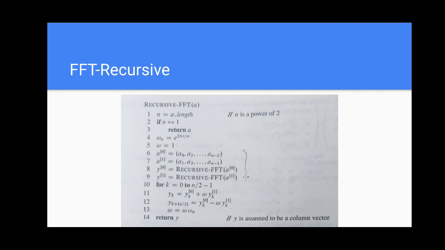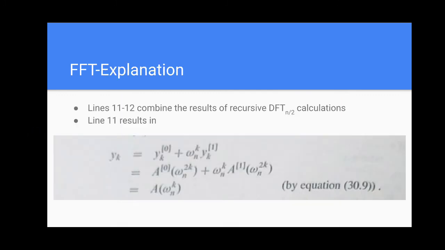So that will be what we call the y coordinates of the different x coordinates, which are nothing but the nth roots of unity. So lines 11 and 12 combine the results of the recursive DFT n/2 calculations, and it results like this.